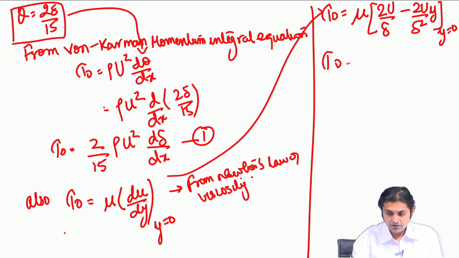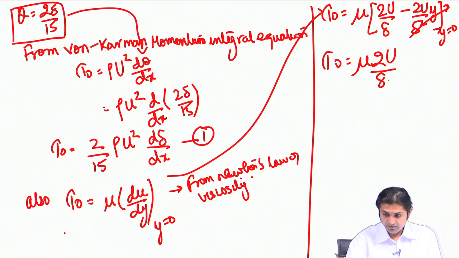So this term will go away, right? When we substitute, it will be mu times 2 U by delta. This is equation number 2.